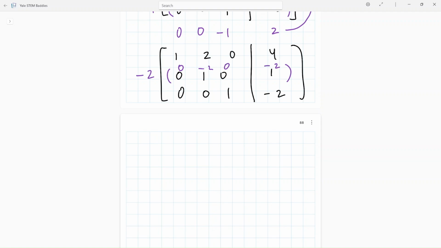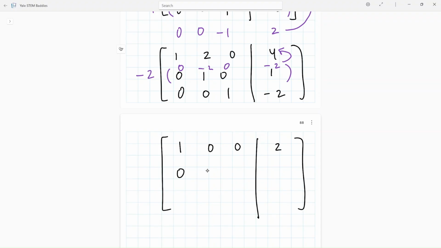And then if we add that scaled row to this top row, we're going to get 0 plus 1 is 1, negative 2 plus 2 is 0, negative 2 plus 2 is 0, 0 plus 0 is 0, and then negative 2 plus 4 is 2. Perfect. Now we just write these lower rows as they were.